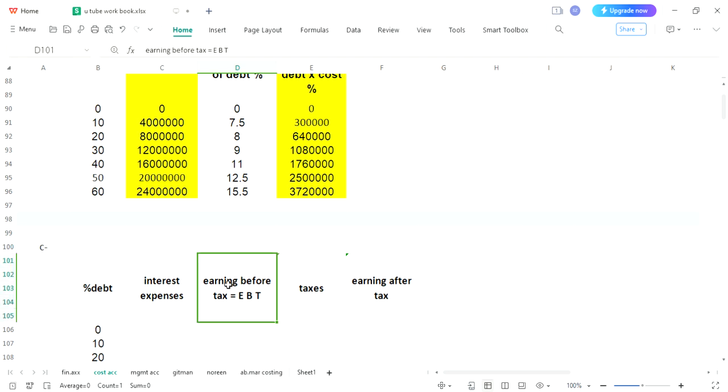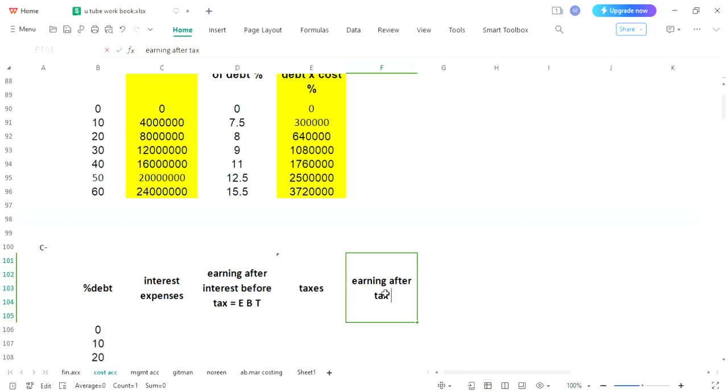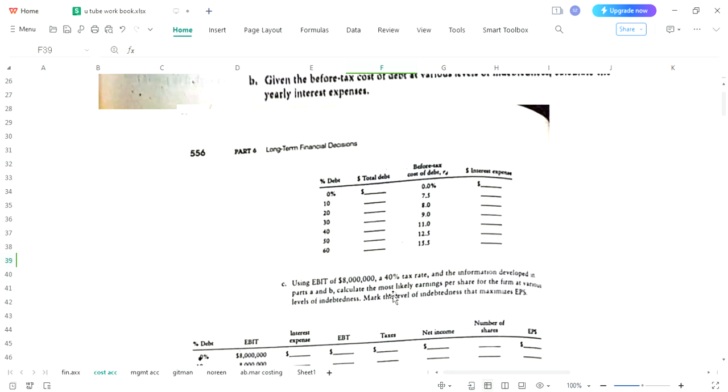So why not we should mention it, earning after interest and before tax. And this is after interest and after tax. All right, so this was our net earning.